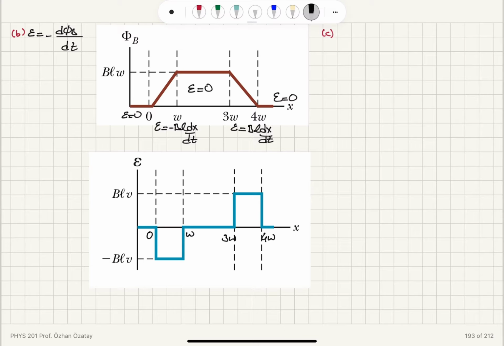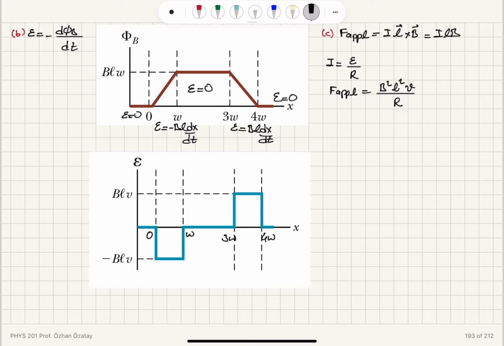So, the applied force will be equal to I L cross B, which is ILB, and the current flowing through this is going to be the induced EMF epsilon divided by the resistance R. So we will see that the applied force should be B squared L squared V divided by R.